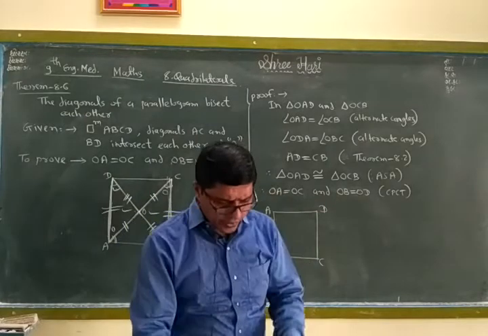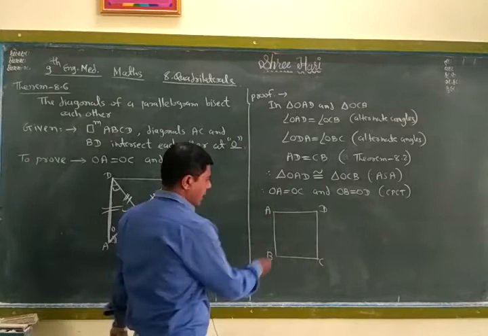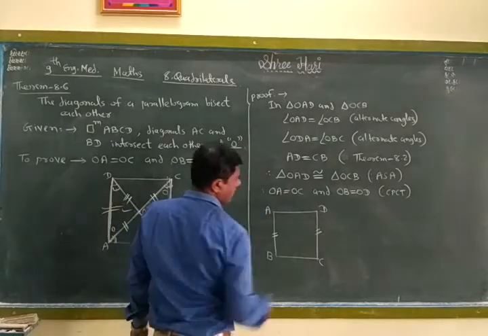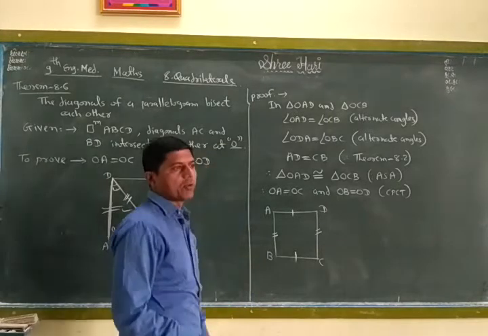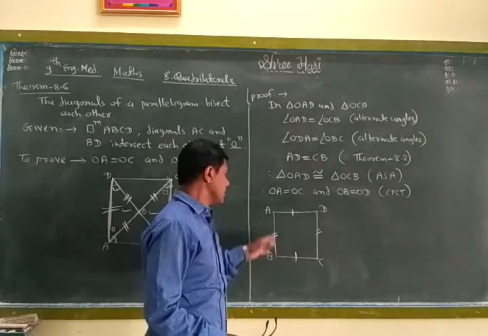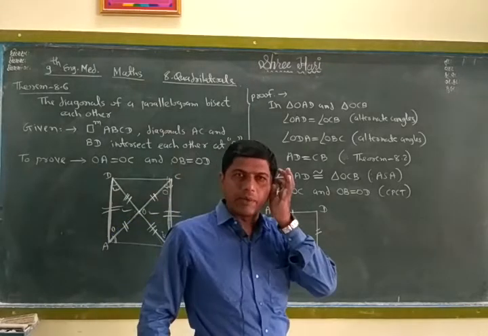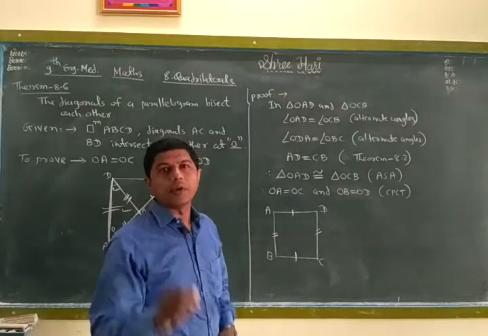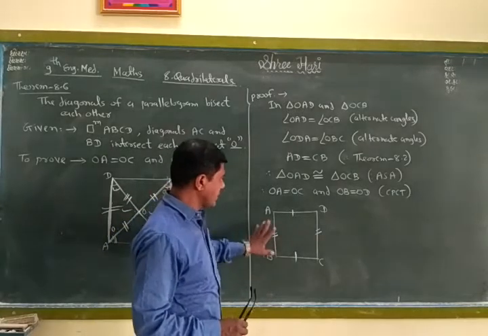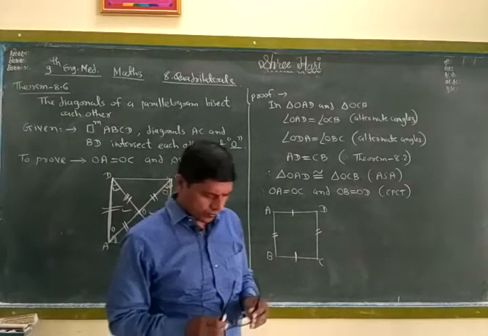We want to prove that opposite sides, it means AB opposite CD and AD opposite BC, both are equal. This is 8.2, because after the 70% syllabus, 8.2 and the others are only for understanding. In a parallelogram, opposite sides are equal, this is 8.2.